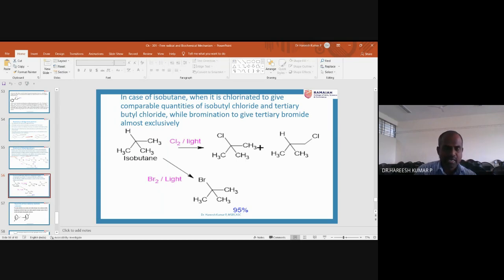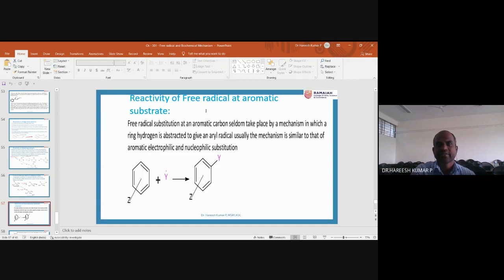With this, I will go to electrophilic substitution reactions, that means the aromatic moiety. Reactivity of free radical at aromatic substrate. As usual in electrophilic substitution, if a substituent is already present in a benzene ring, that substituent orients the incoming group.